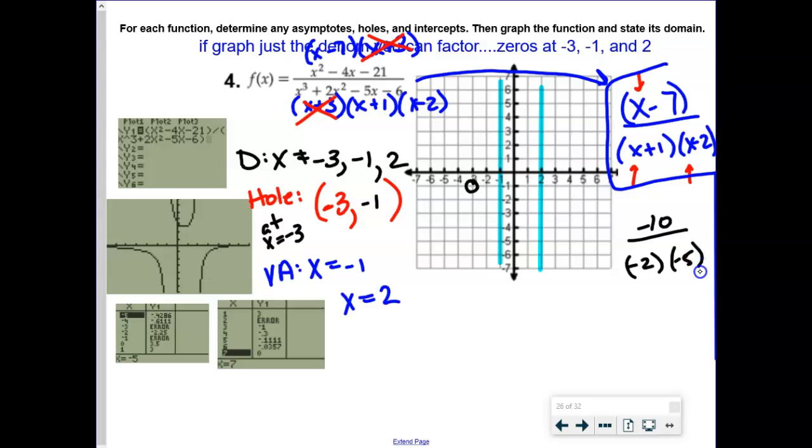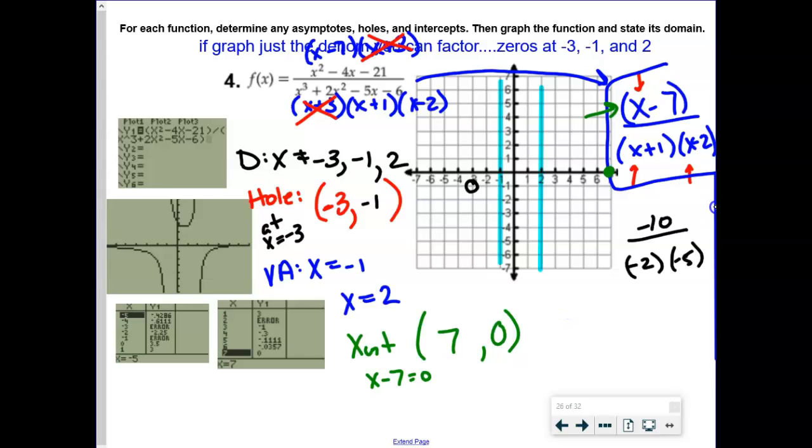Where are we at in the list? Vertical asymptote. Oh, X-Intercept and Y-Intercept. All right, so X-Intercept. Well, I would take my reduced version and set my numerator equal to 0. So that means x equals 7 is an X-Intercept. Oops, kind of graphing on my own thing here.